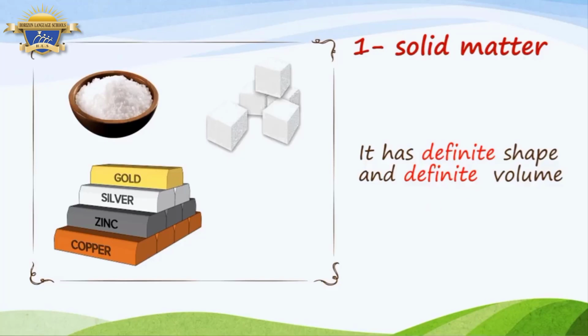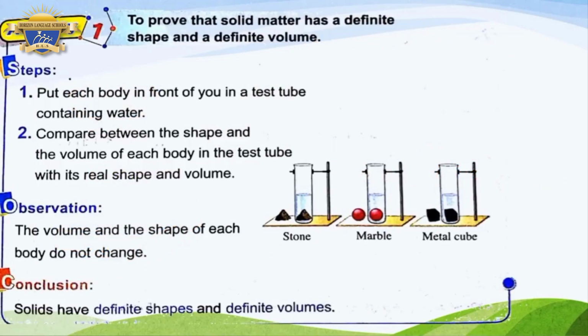Okay, let's do an activity to prove that solid matter has a definite shape and a definite volume. First step: put each body in front of you, like stone, marble, and metal cube, in a test tube containing water.